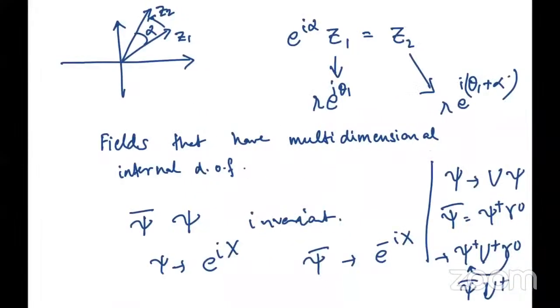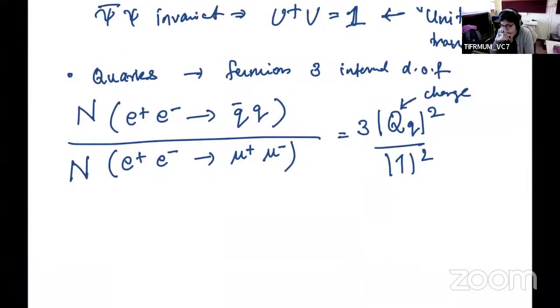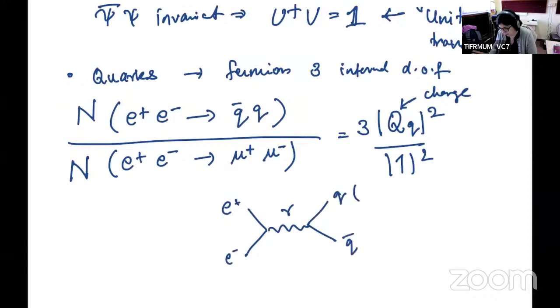Ma'am, by charge, do you refer to color charge or normal electrical charge? So here I'm referring to the electric charge because the diagram that you have is actually mediated by the photon. So this is what the diagram looks like.